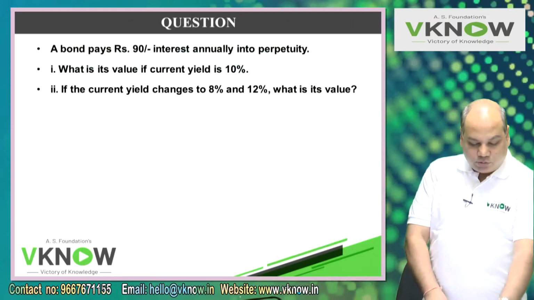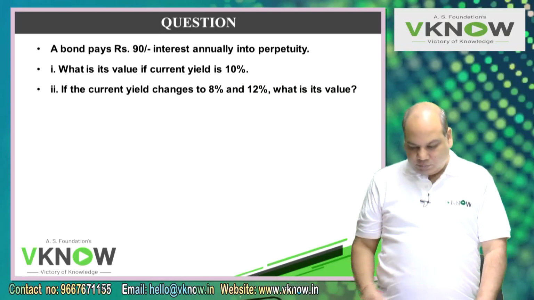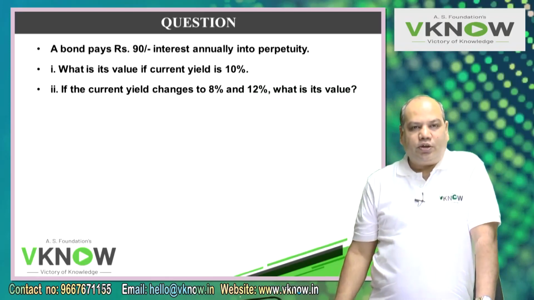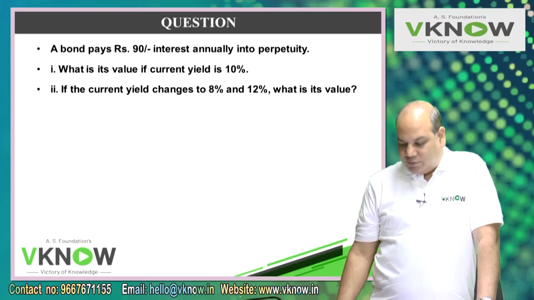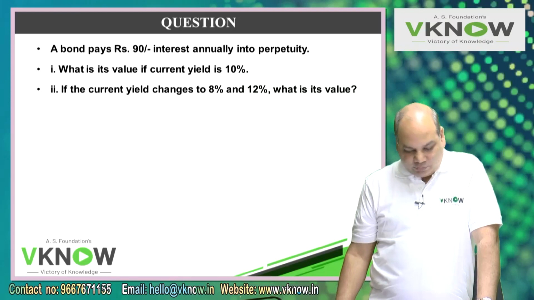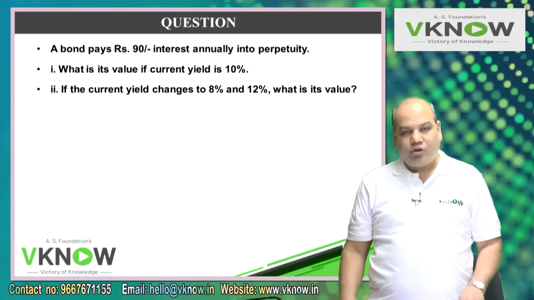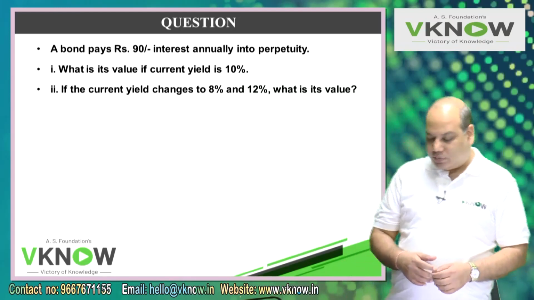Now come to the next question, which is based on a perpetual bond. Perpetual bonds do not have any redemption value or redemption date. They will only pay coupon year after year, period after period. This is question number 7 from your institute RTP.